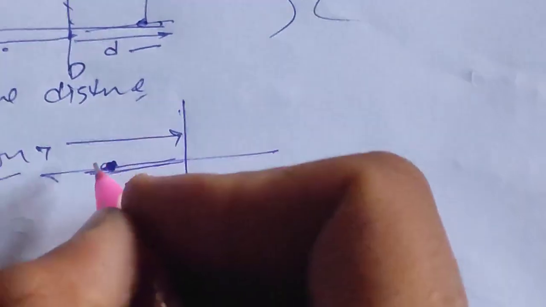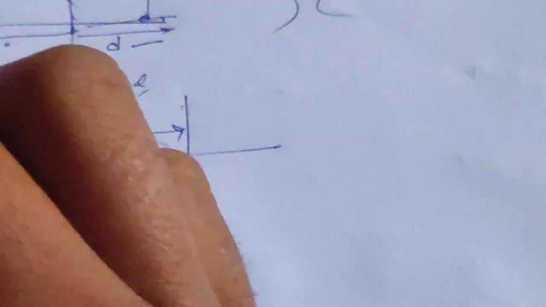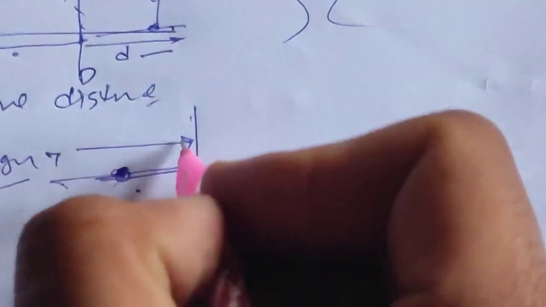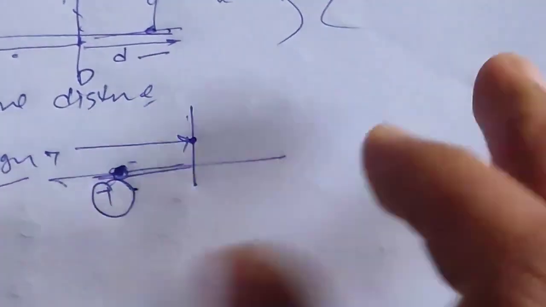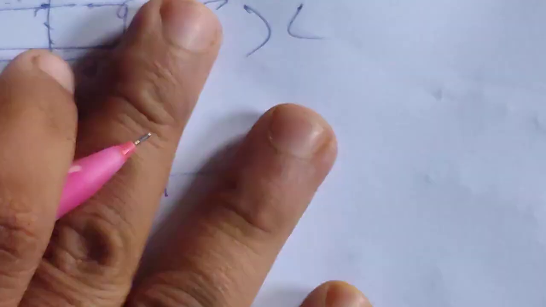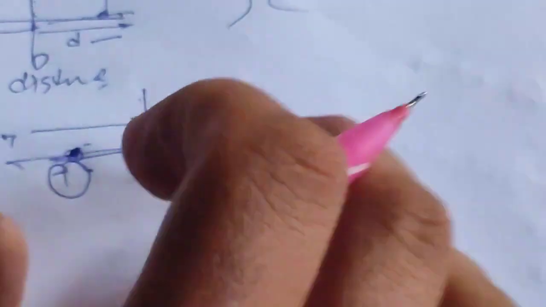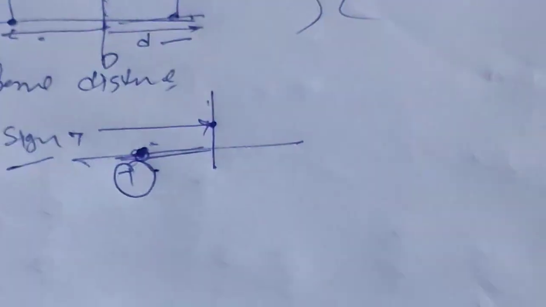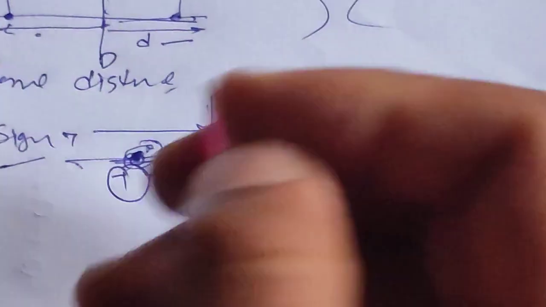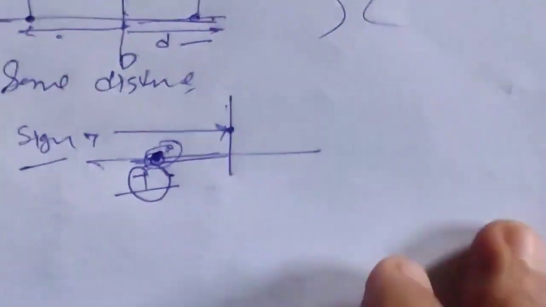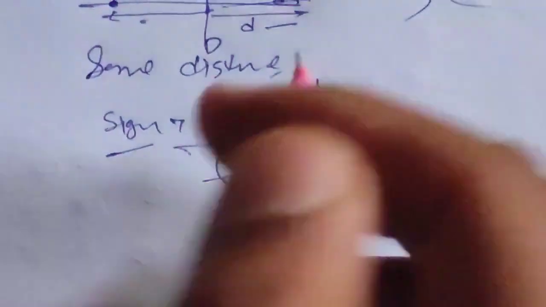If the object is on the side where the incoming rays reach the reflecting surface, the sign taken is positive. So the object is on the same side as the incoming light, and then the object distance is positive, otherwise it is negative.